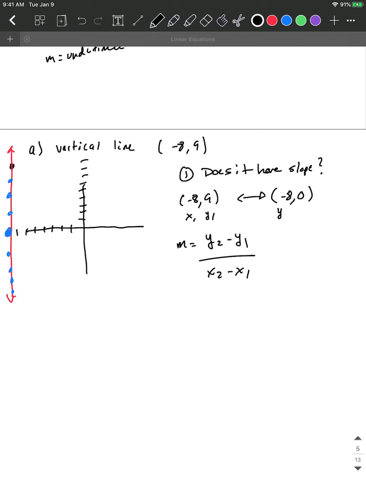And this is my x2, sorry, x2 and then y2. When we place the information, on the top you'll have 0 minus 9. And on the denominator, we'll have negative 8 minus negative 8. So when we start to simplify, we'll have negative 9 over negative 8 plus 8, which just reduces down to negative 9 over 0.